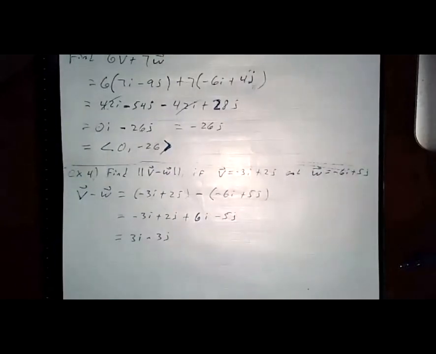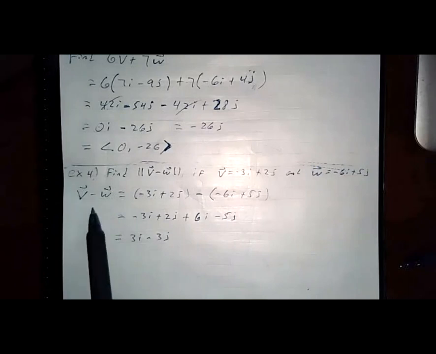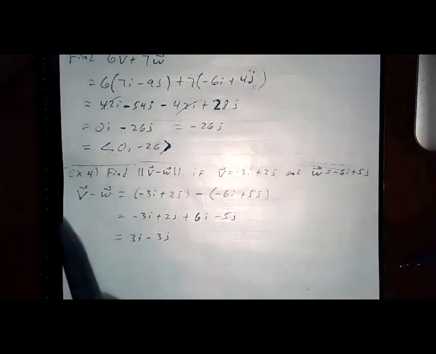But they didn't ask for that, right? They asked for the magnitude of the difference between the two. So this is the first step. So you have a few questions that only ask for this, but this time they're asking for the magnitude. So once you find the difference, you find the magnitude.